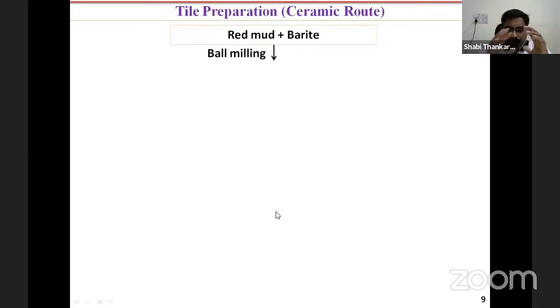So after these thermal studies, we made the tiles through a ceramic route. As I told already, atomic number plays a very important role in radiation shielding. So we added a certain weight percentage of barite, barium sulfate, to it. Then we ball milled it.